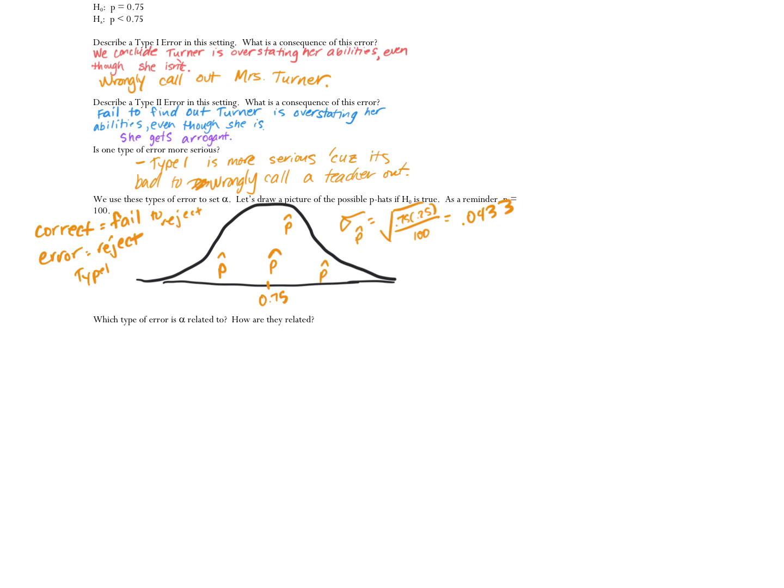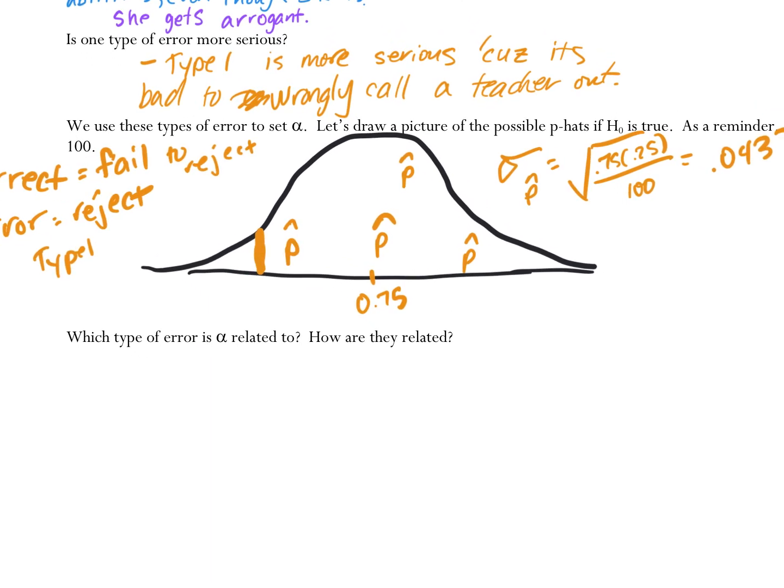Why here? Why does this spot say, yeah? It's a small number. Okay. So that's a p-hat, right? That one might make me reject the null. And this one might make me reject the null. And in fact, anything in here might make me reject the null.